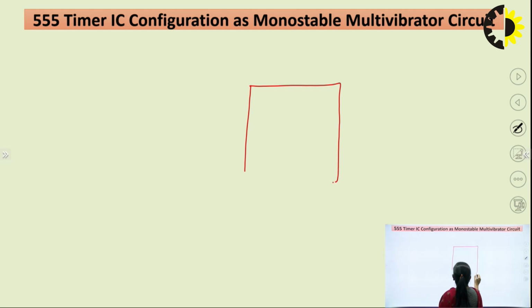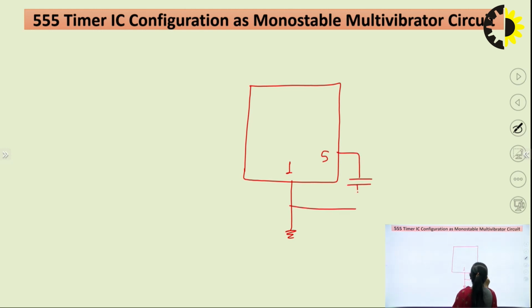Okay. So now how can we give the pin diagram of the monostable circuit? We can draw this pin diagram like this: at pin number 1 we have the provision of ground. At pin number 5, if it is not in use, we will bypass this pin with a capacitor of value 0.01 microfarad.